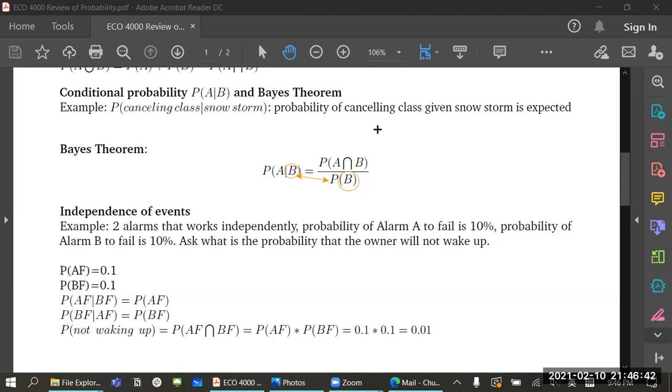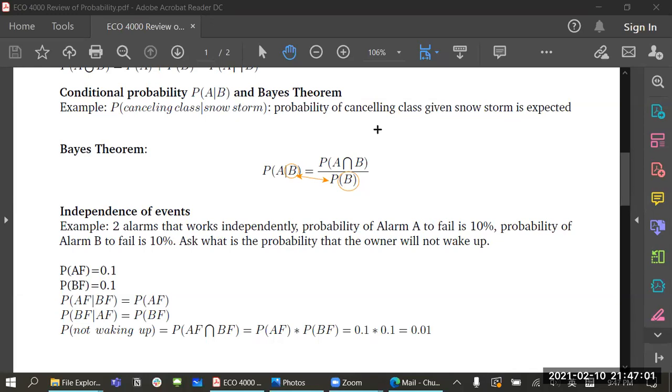So let's say the probability of alarm A failing is 10%. That's a pretty bad alarm. And the probability of alarm B failing is also 10%. So we have to assume that they work independently.